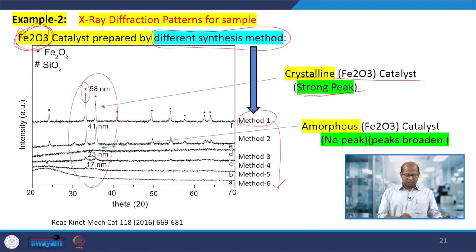Hence if we look at the third method, there is no peak present, meaning the peak is broadened. No peak, or peak broadening, indicates the material is in an amorphous state.